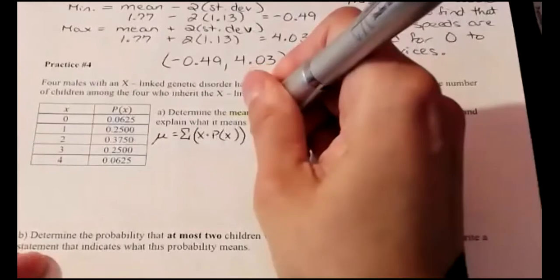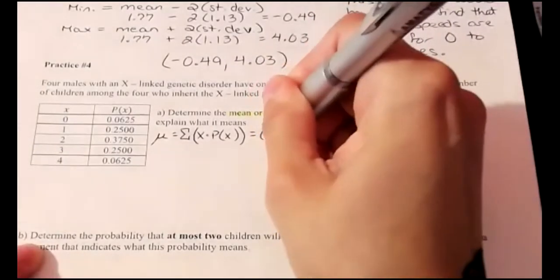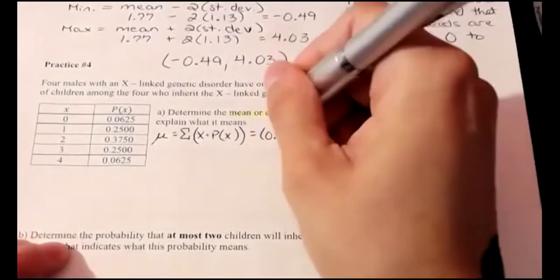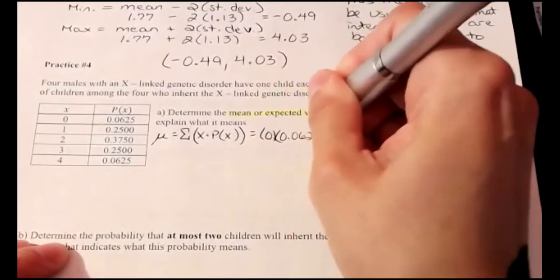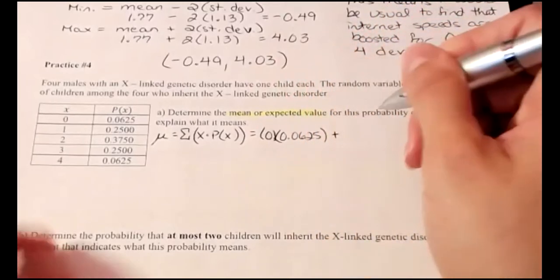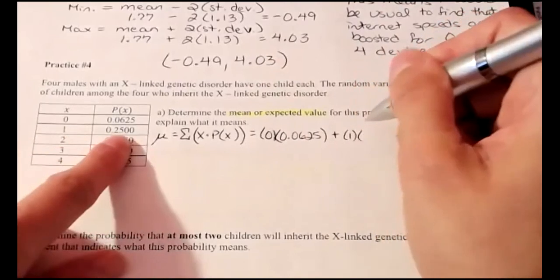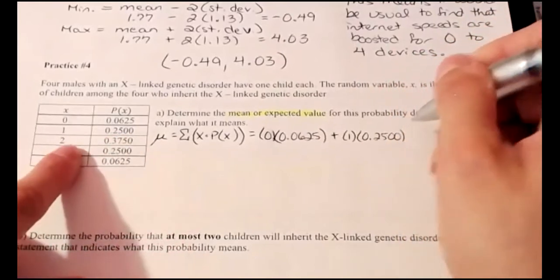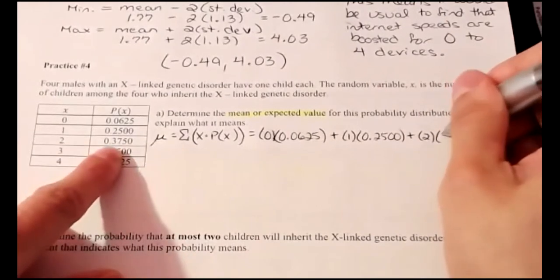Perfect. So let's write out the actual formula with the values included. Our first product is the variable times its probability. Let me rewrite this like so, times its probability 0.0625, plus we move to the next value, which is 1, multiply it by its probability, move to the next one, multiply it by its probability.